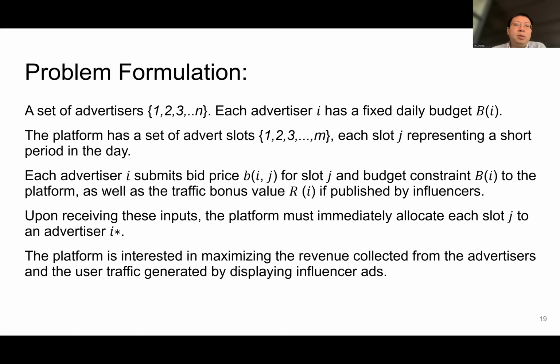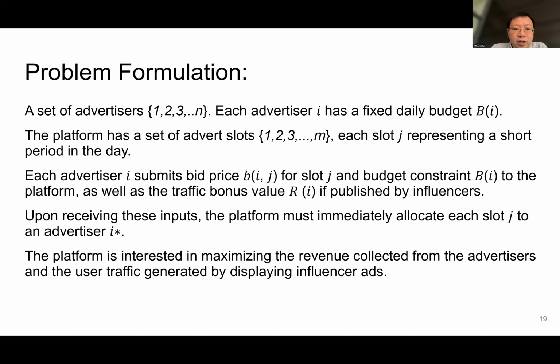So here is the problem formulation. We have a set of advertisers. Each advertiser i has a fixed daily budget, and the platform has a set of AdWords slots, each slot representing a short period of time. Each advertiser i submits its bid price b_ij for slot j and the budget constraint B_i to the platform, as well as the traffic bonus value r_i if published by the influencers.